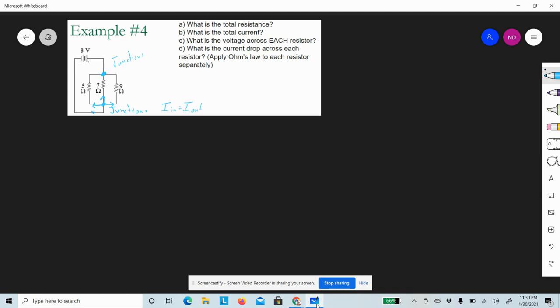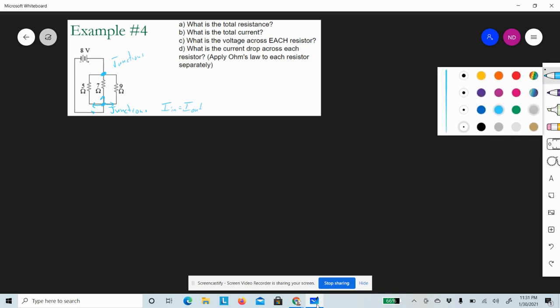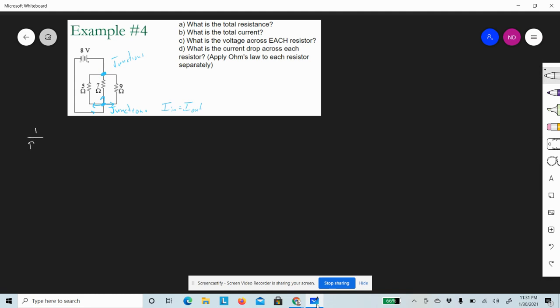All right, but first, let's figure out question A. What is the overall resistance? Resistance in parallel circuits is a little weird. The equation for resistance in parallel circuits: 1 over Rp equals the sum of each resistor individually.